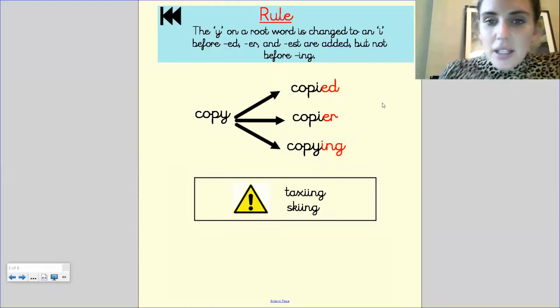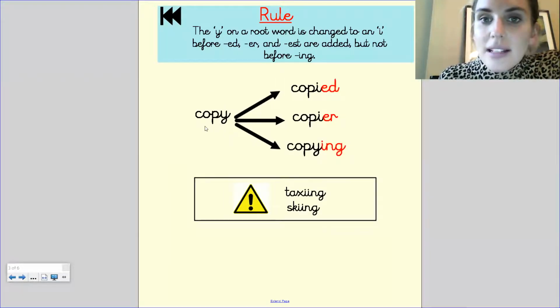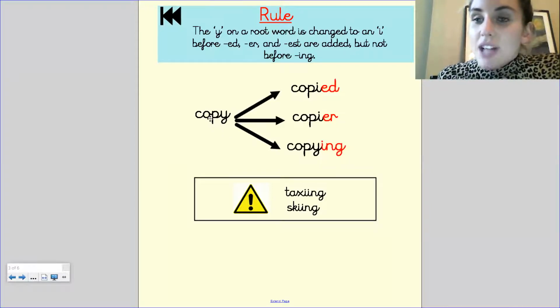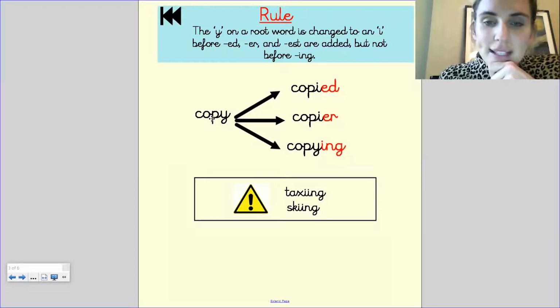So here you can see we've got our root word copy. We know that this is a root word because there's no prefix or suffix. Remember that from our rewind at the beginning, just then. Here you can see the suffixes ed, er, and ing have been added to that root word to make the words copied, copier, and copying.